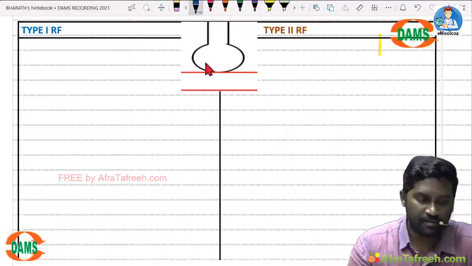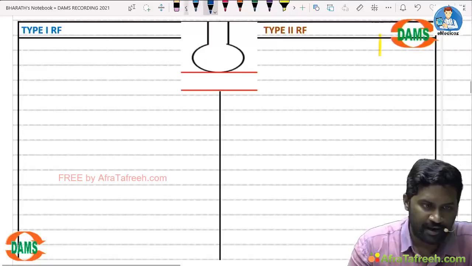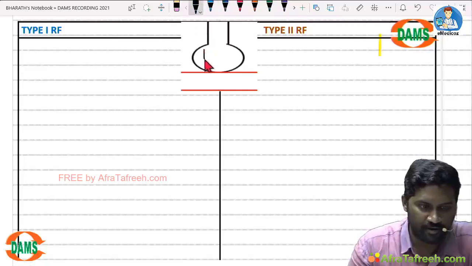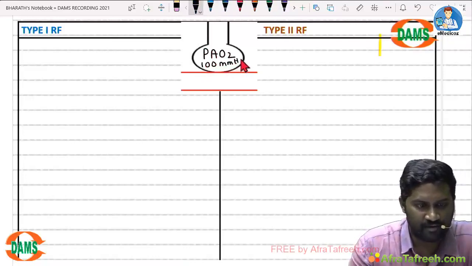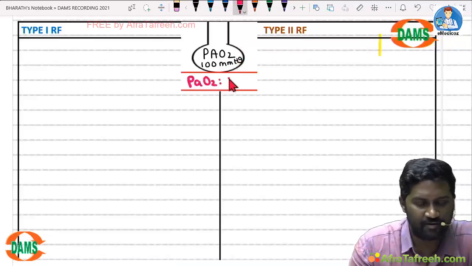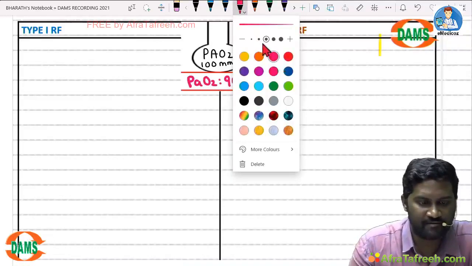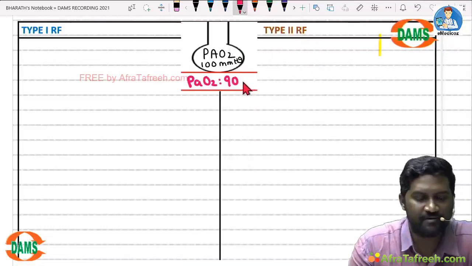Normally, my alveoli will have oxygen called PAO2, which will be about 100 mm Hg. Ultimately, oxygen will reach my blood vessel. This is PaO2, that is about 90 mm Hg.